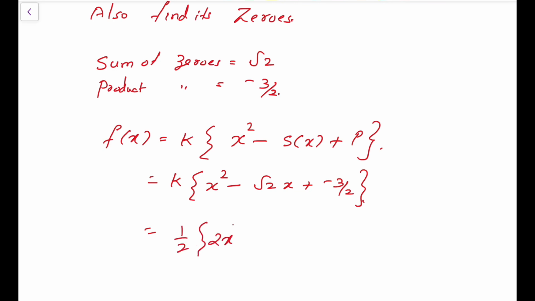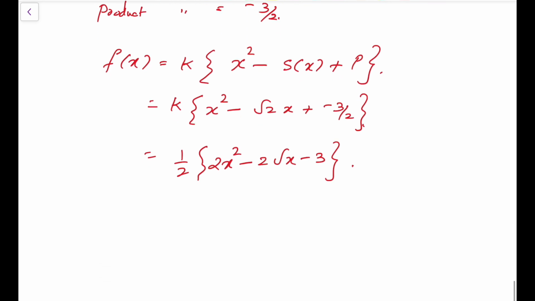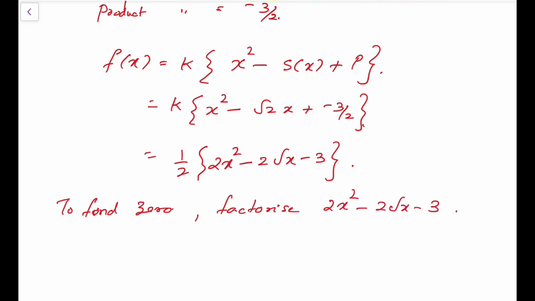Or we can write this as 1 by 2 into 2x squared minus 2 root 2x minus 3, taking the LCM. Now we have to find the zeros. So we have to factorize to find the zeros. Factorize 2x squared minus 2 root 2x minus 3.